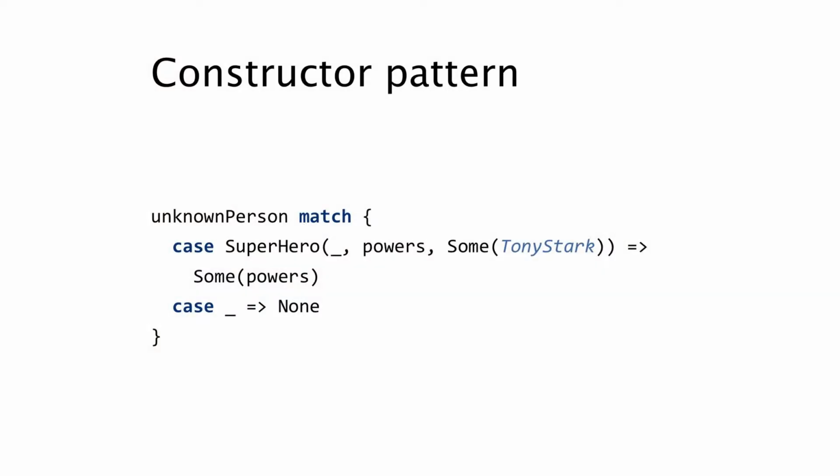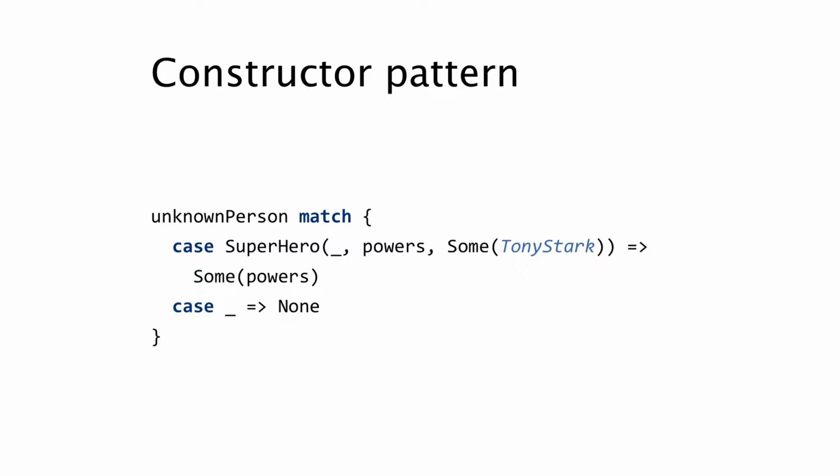So let's get back to the original code. I show you it's a Tony Stark character. This is named a constructor pattern, and it's in this shape here. Is a name of a constructor, the class Superhero, and behind it are 3 nested patterns for each of Superhero's parameters.